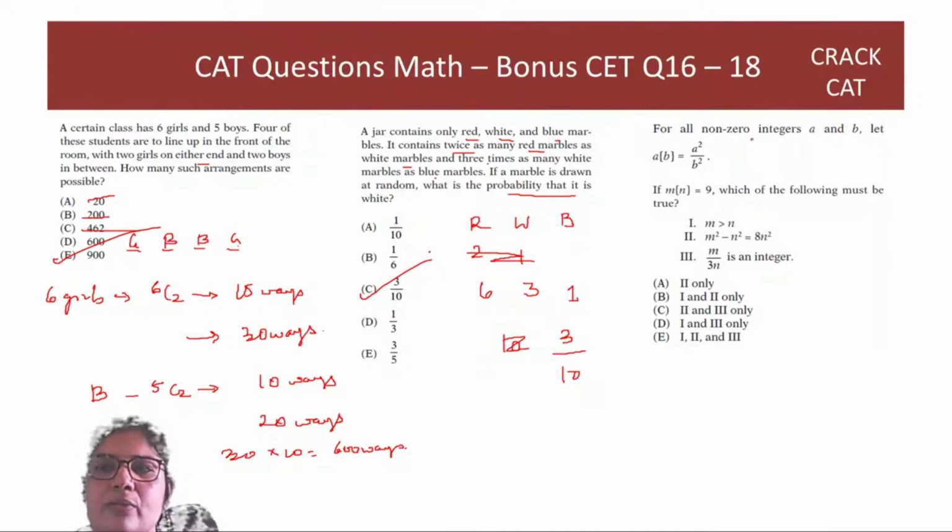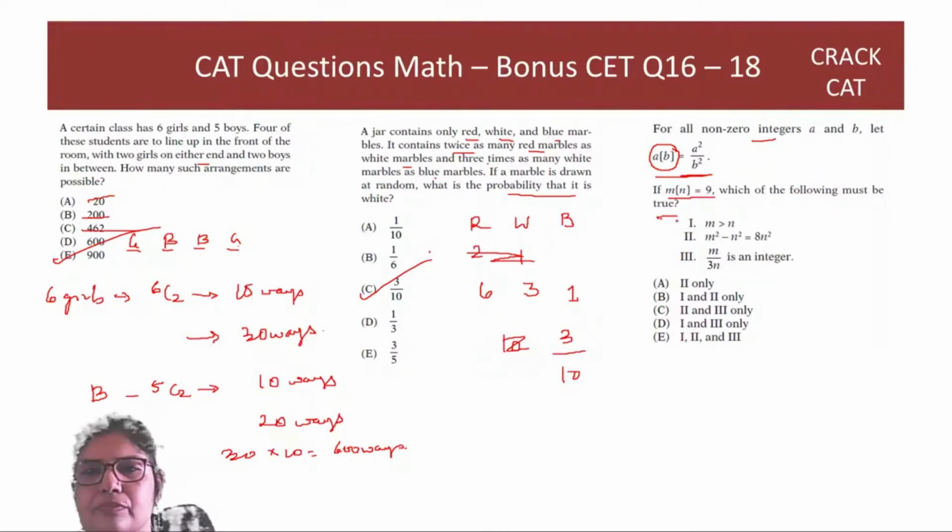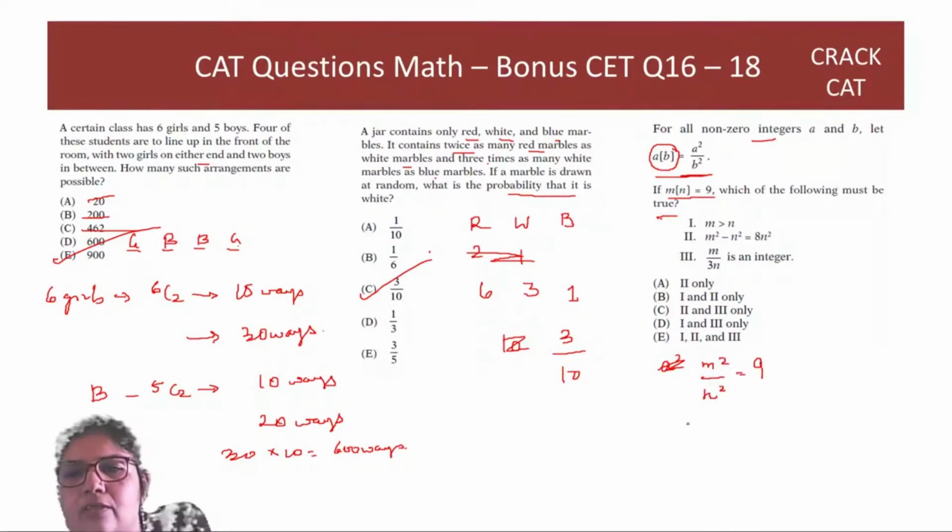For all non-zero integers a and b, let this symbol denote a square by b square. If this is 9, which of the following must be true? So this means that m square by n square is equal to 9. So m square is equal to 9 into n square.